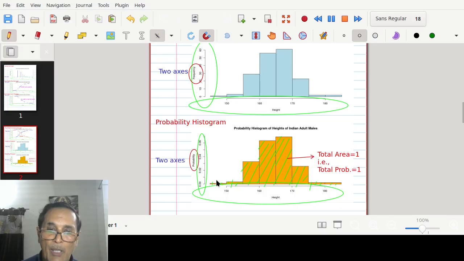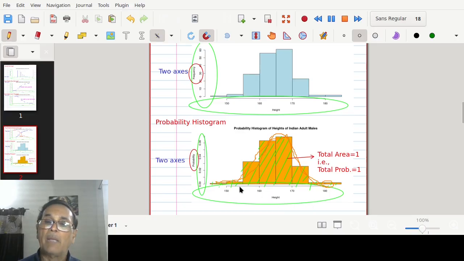When we join this and this and this and this, it is a kind of rough sketch. But when the class widths are reduced, it will try to become a curve-like structure.